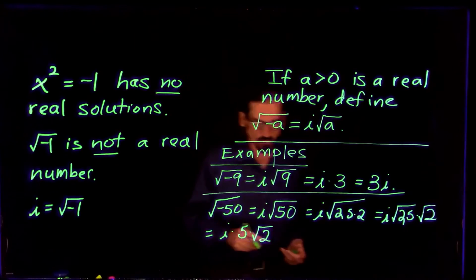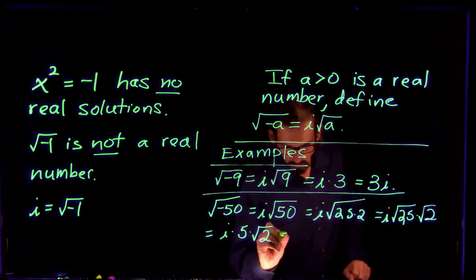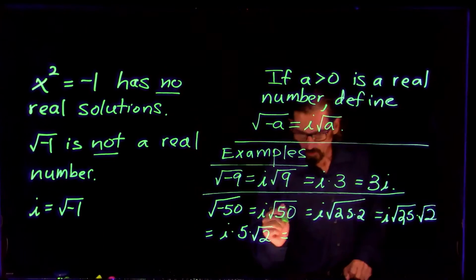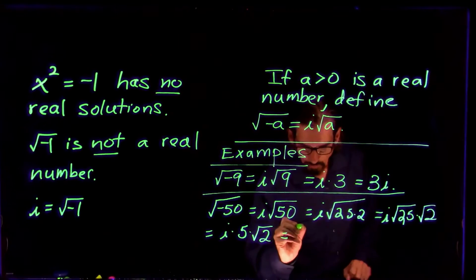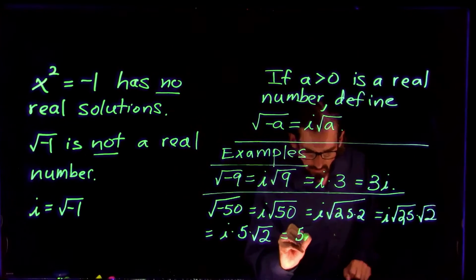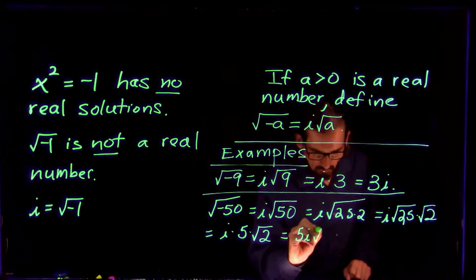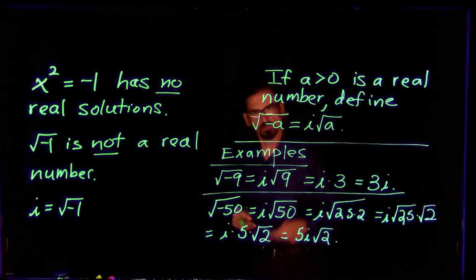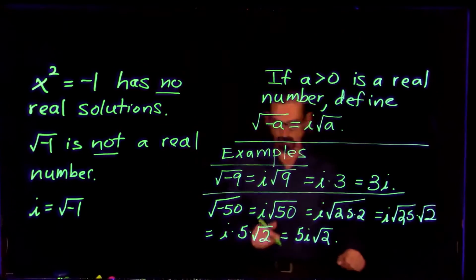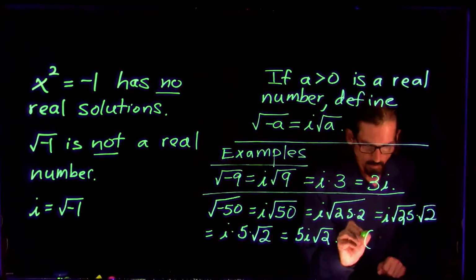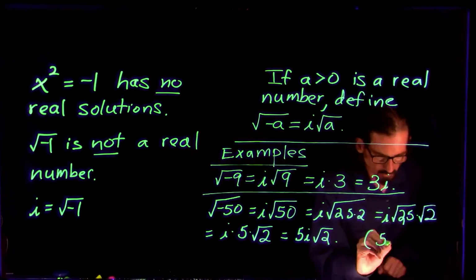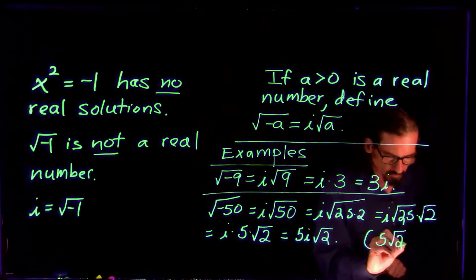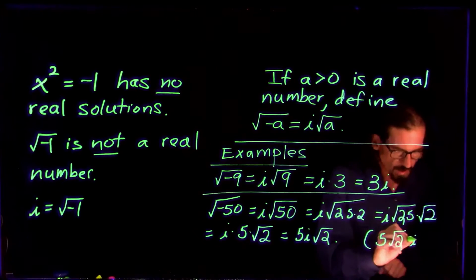Now, in this case, it gets a little bit interesting. Normally we write this as 5i times the square root of 2. You might say, well, that's different from what I had previously. Technically, we should be writing 5 times the square root of 2, and then i afterwards.